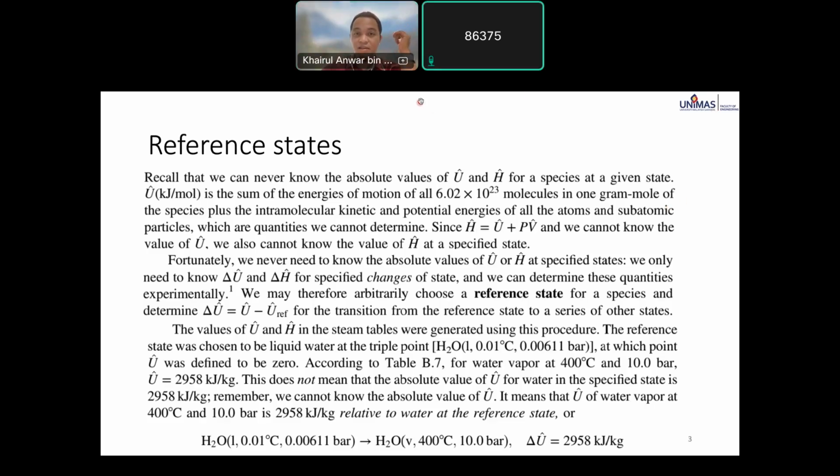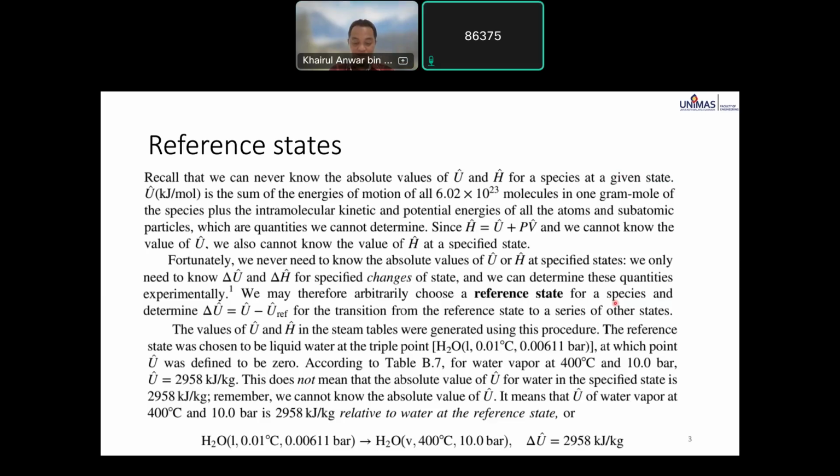I have a question. So when we look for the reference state, it can be any condition, based on the temperature? Yes. Normally we choose it based on temperature and form, either liquid, solid, vapor.